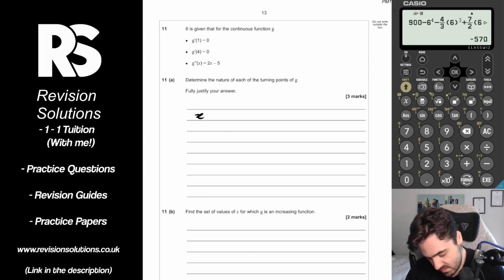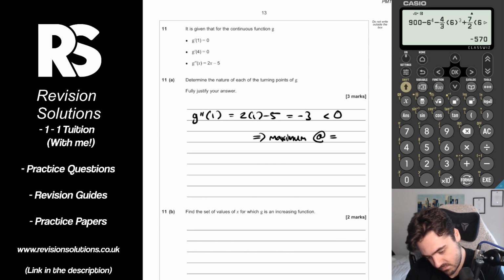So that's why they've given us that. So if we plug in x equals 1 into the second derivative, so that's g double dash of 1, then that would give us 2 lots of 1 minus 5, which is going to be minus 3. That's negative, that would imply a maximum at x equals 1.